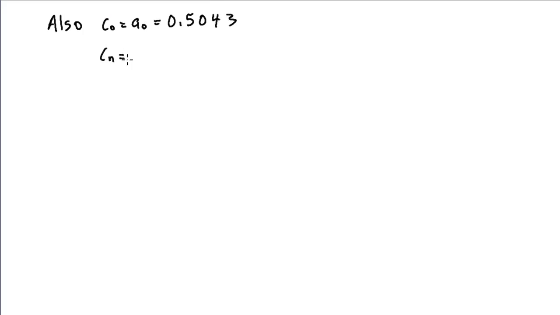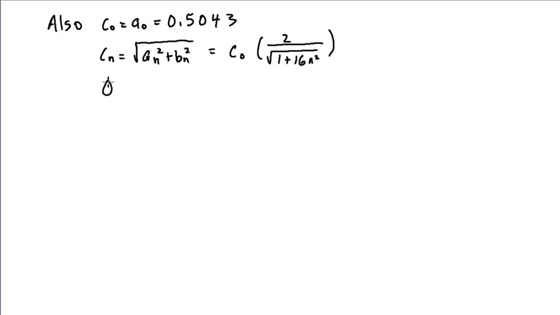My Cn coefficients in the compact Fourier series representation are the square root of an squared plus bn squared, or it turns out to be C0 times 2 over the square root of 1 plus 16n squared, and the theta n coefficients are the inverse tangent of bn over an.